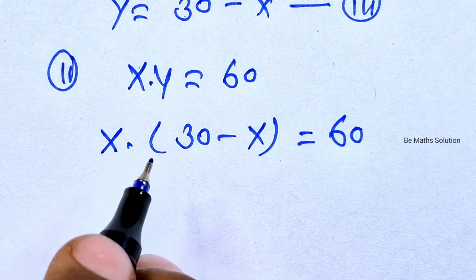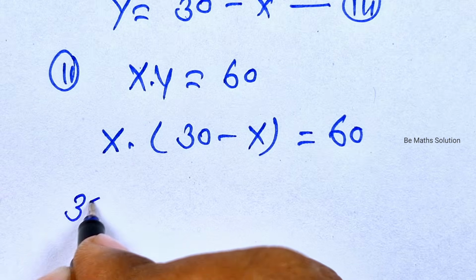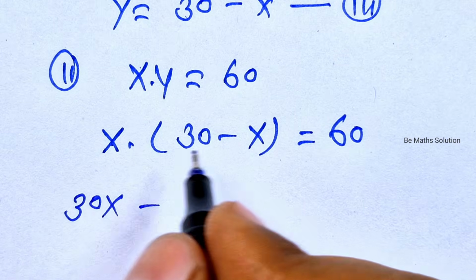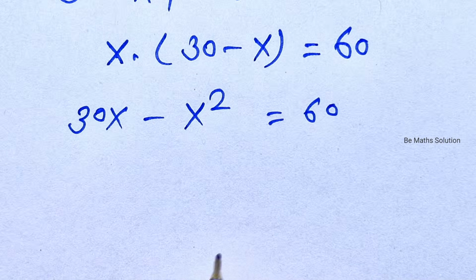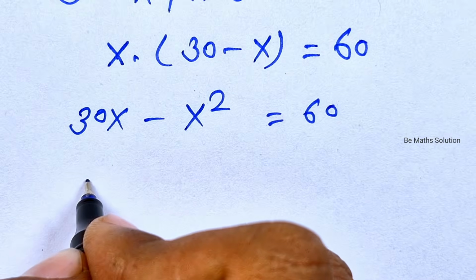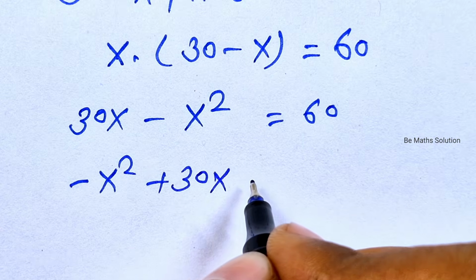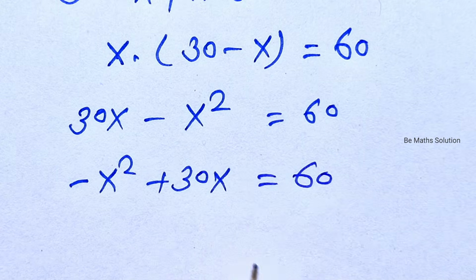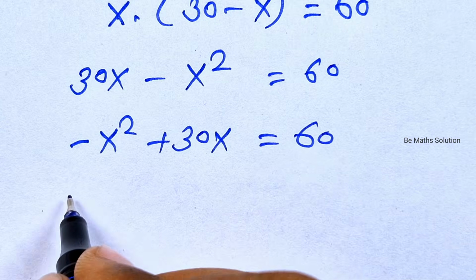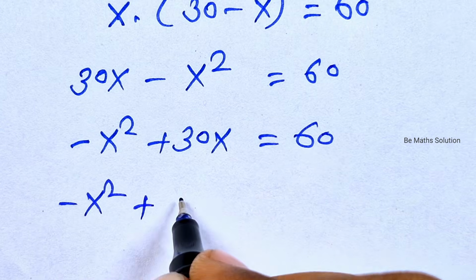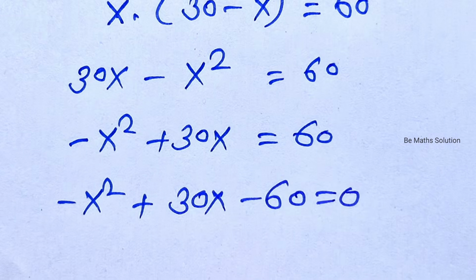Then multiply. So it will be x into 30, it is 30x, minus x into x, it is x squared, is equal to 60. Then it will be minus x squared plus 30x is equal to 60. Now take 60 to the left side: minus x squared plus 30x minus 60 is equal to 0.